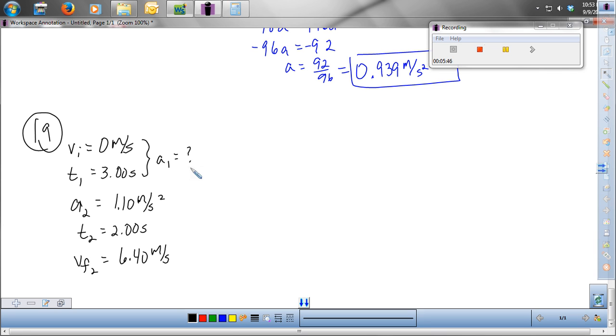Okay. So I said, well, Vf equals Vi plus At to begin with. So I know this is 0, so Vf at the end of the first period is A1 times 3 seconds. Well, that final speed at the end of the first period becomes his initial speed for the second period.